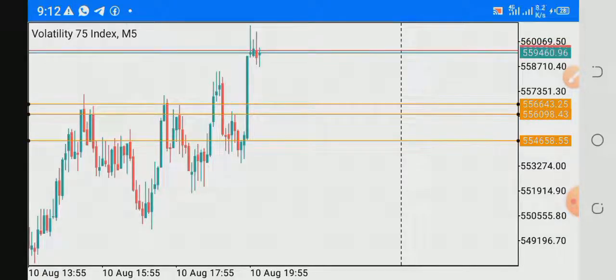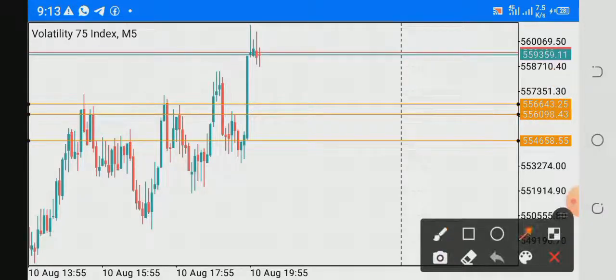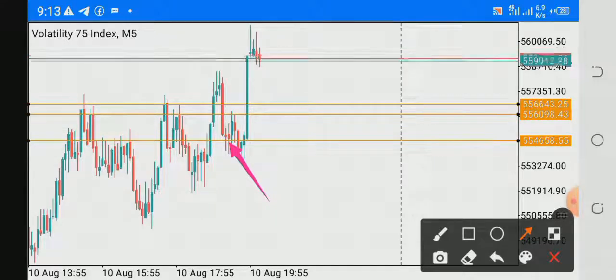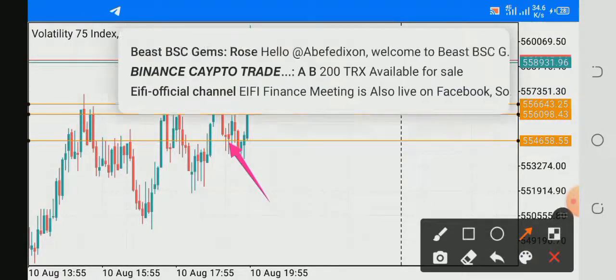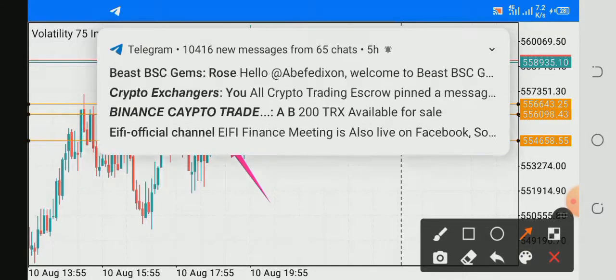I entered the buy because I've already seen with what is happening down here that the support is going to hold, because I'm seeing an area of value where they are consolidating. Once you see many candlesticks coming to that line and bouncing back, it's trying to tell you that this thing is going to hold. So that's why I placed my buy there, and we made the profit right there.